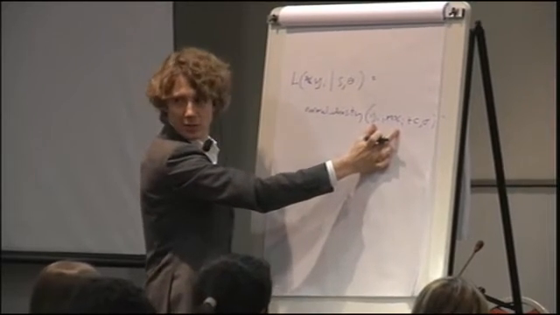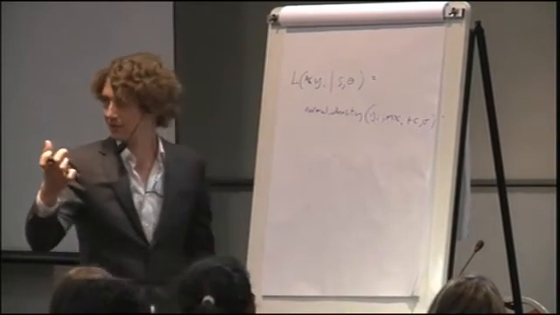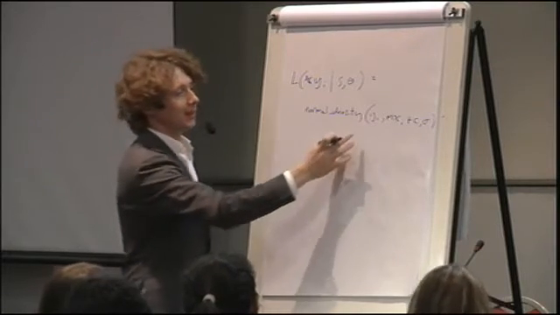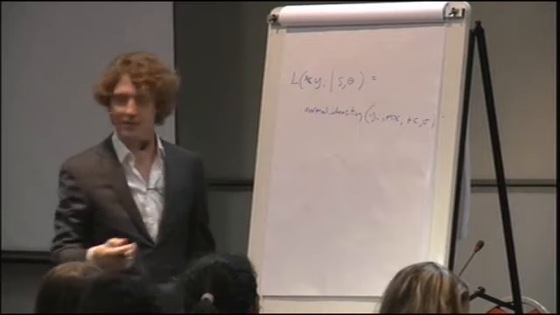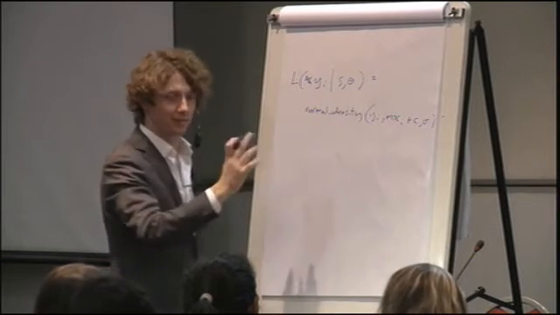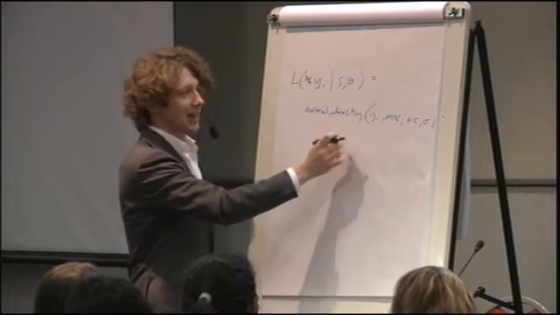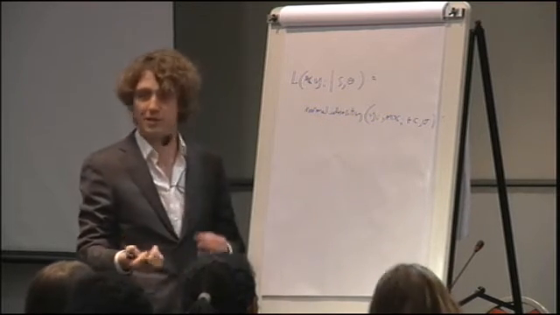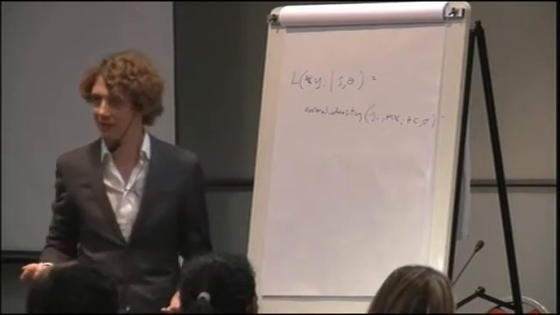So your data is pairs of xy, right? x1, y1, x2, y2, x3, y3. And then there's a formula for this, and don't worry about what it is for now, okay? There's a simple formula for this. It just says, if it's true that it's a normal distribution centered on mx plus c, then you can look up what this value is.